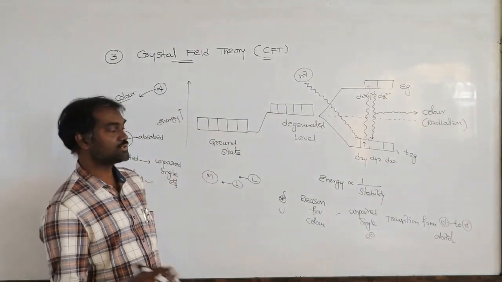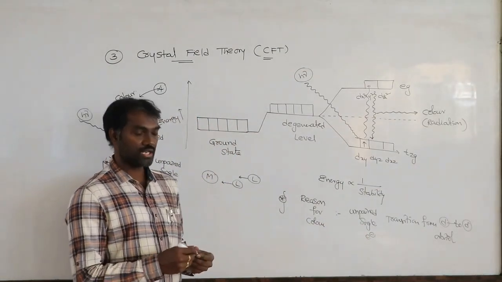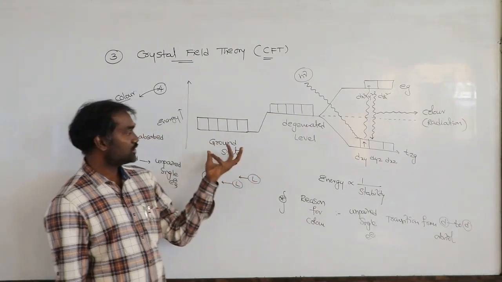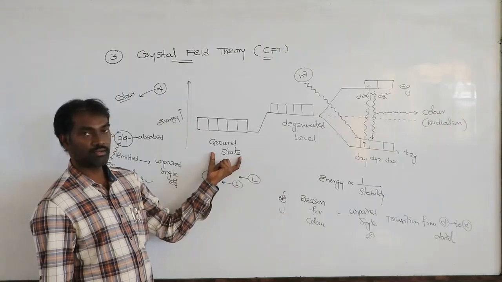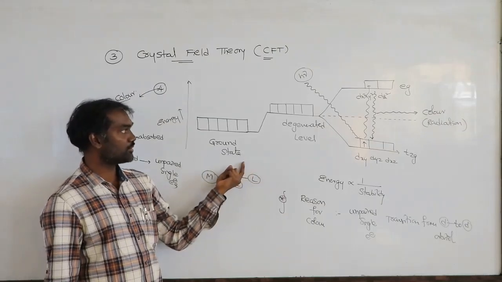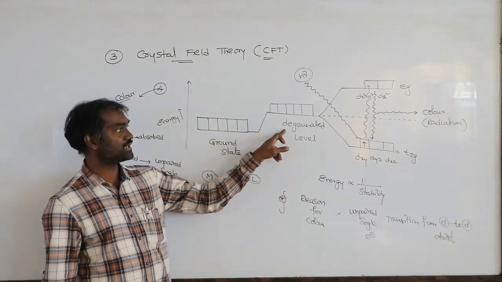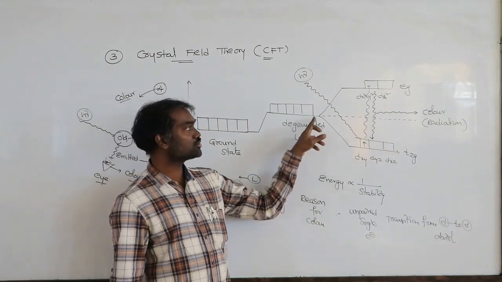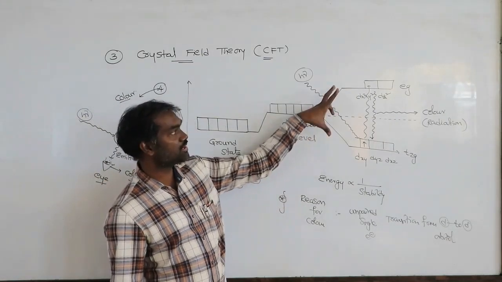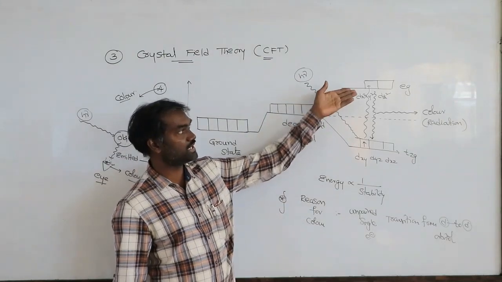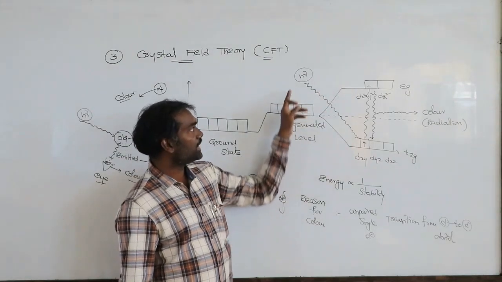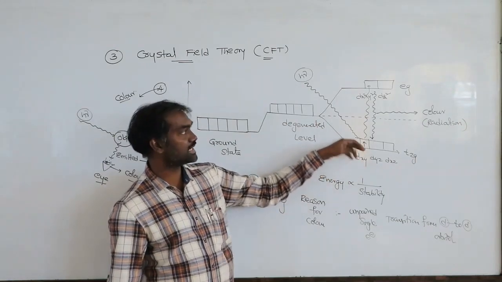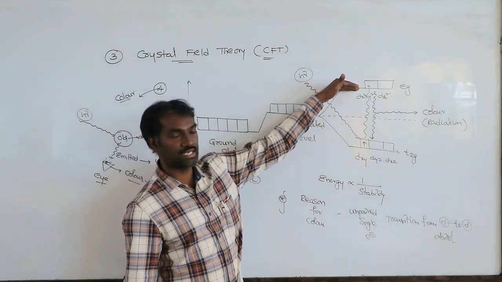Suppose in theory they ask, explain the color property of complex compounds. Then what can you write? In the ground state the metal has degenerate orbitals; when the ligand comes close to the metal, it is split into two, t2g and eg. When light falls on the t2g orbital, the electron is excited and occupies a high energy level.